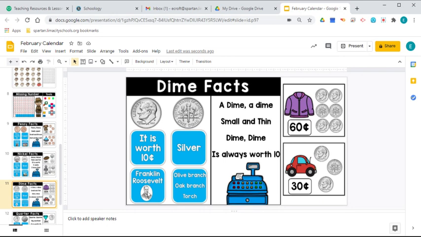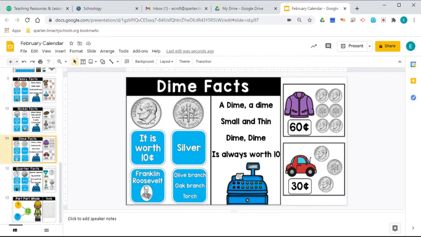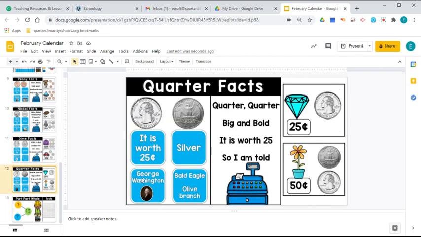It has Franklin Roosevelt on the front, and on the back you can see an olive branch, an oak branch, and a torch is on the tail, and it says 1 dime. A dime, small and thin, dime is always worth 10. So a dime is worth 10 cents. And there's our quarter, and a quarter is worth 25 cents.